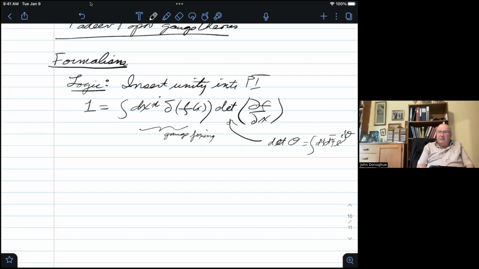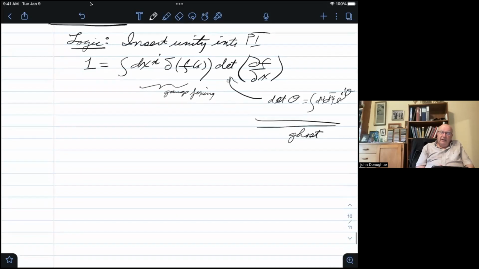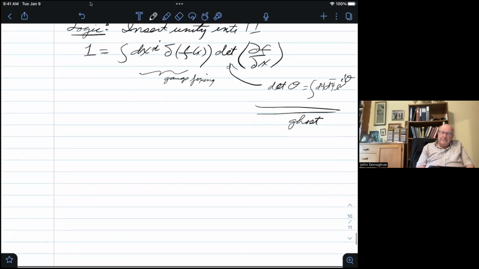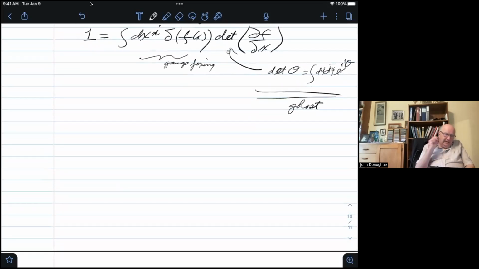So that path integral relation is how you do that. This is the interesting part. The determinant in this identity is the ghost fields.